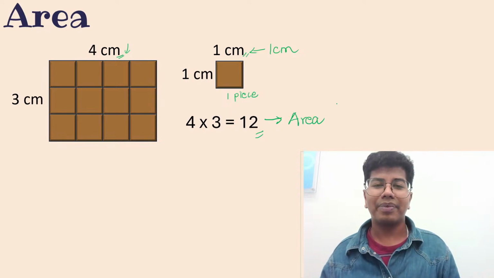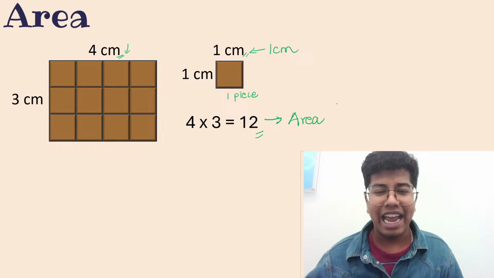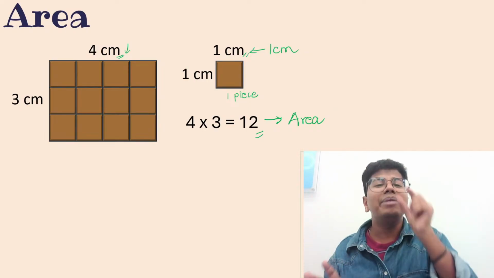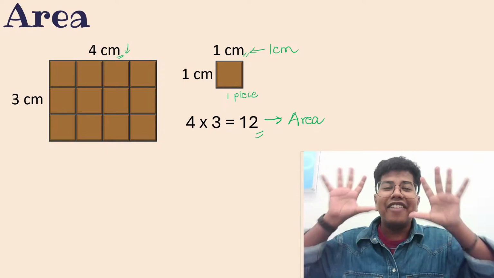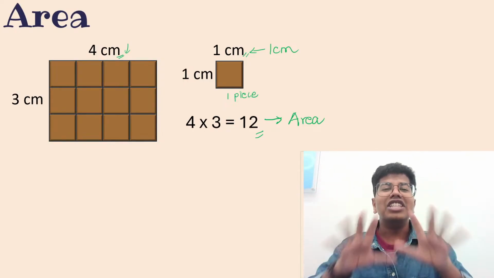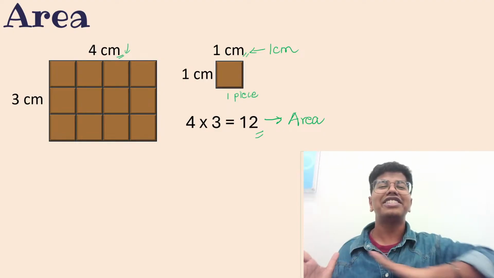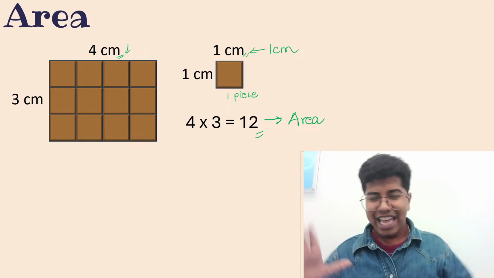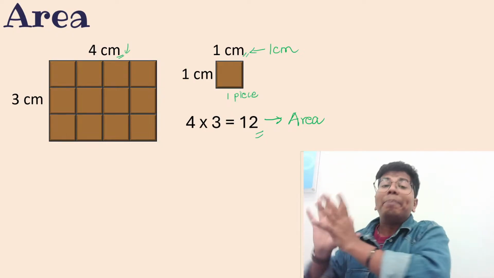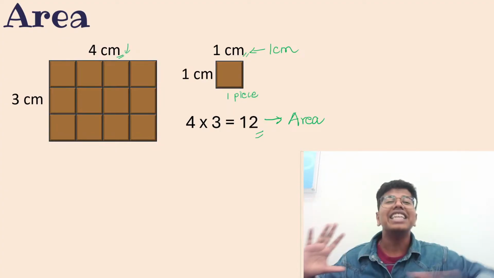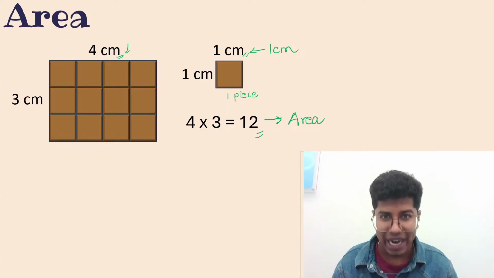So what is the meaning of area? Area is the number of these 1 centimeter squares that we can fit inside a given shape. And area is calculating the surface of the figure. See, perimeter was just the outer boundary, but area is the inside surface that we have to get.